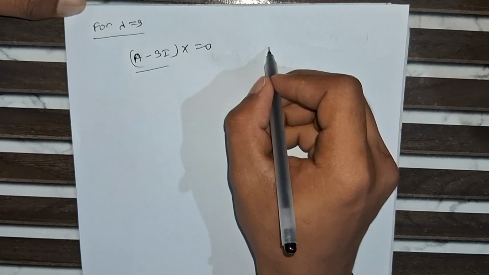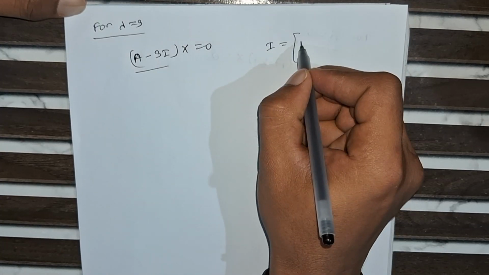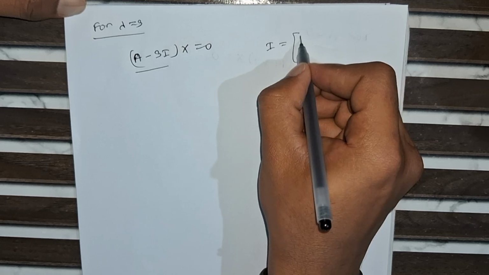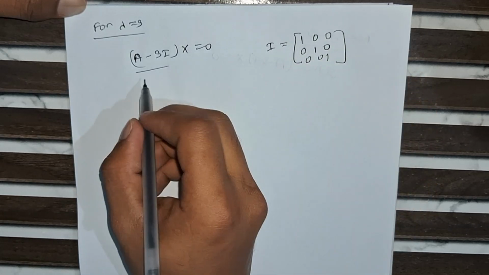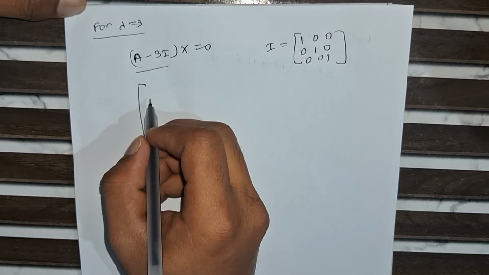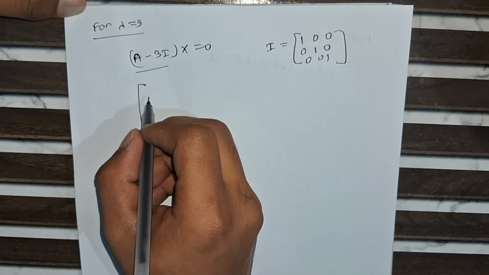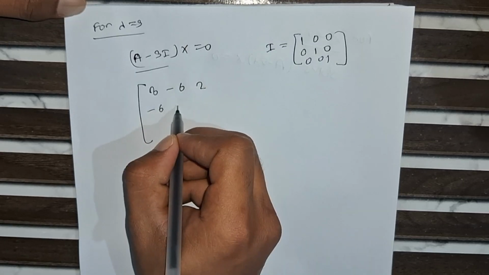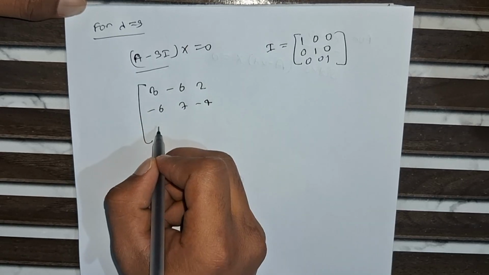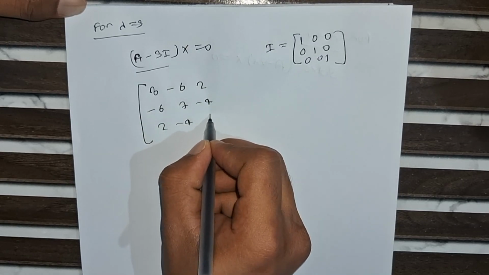So what is I? I already explained, it is nothing but the identity matrix 1 0 0, 0 1 0, 0 0 1. And A is the matrix which is given in the question, which is 8 minus 6 2, minus 6 7 minus 4, 2 minus 4 and 3.